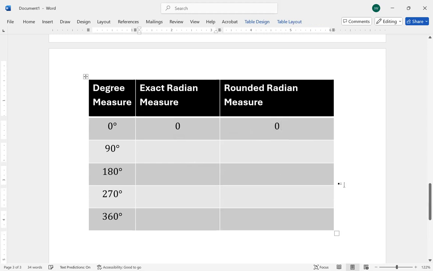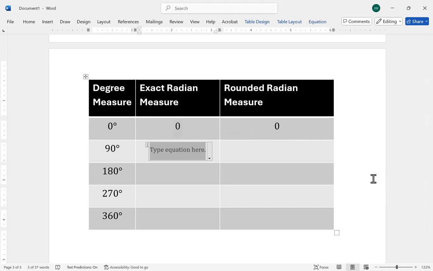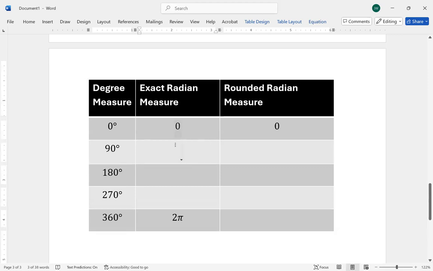All right, so rounding. We know that 90 degrees is a quarter of the circular rotation. Remember, a full circular rotation of 360 degrees was 2 pi. And so a quarter of that is going to be 2 pi over 4, which is the same thing as pi over 2.